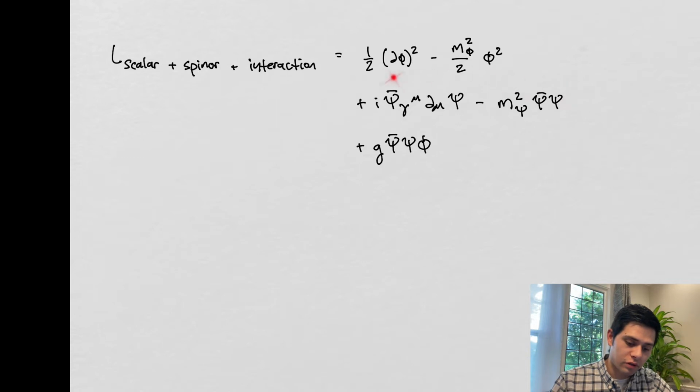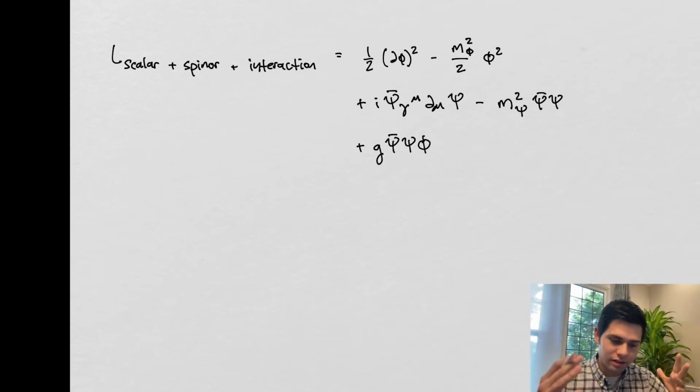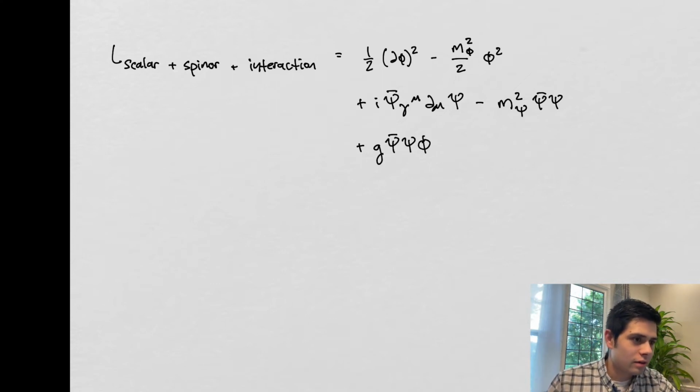So I'm actually going to start off by working on the Dirac Lagrangian and its potential, because if I remember correctly, we worked on the potential already for the scalar. Scalar and spinor, they start with an S, and for some reason I want to say scalar when I mean spinor and spinor when I mean scalar.